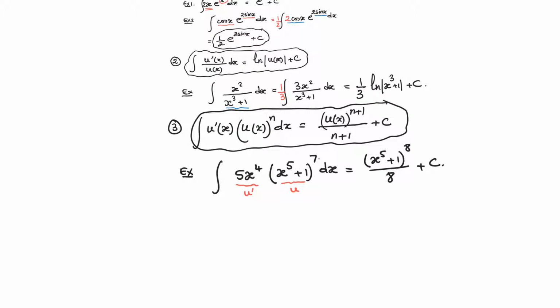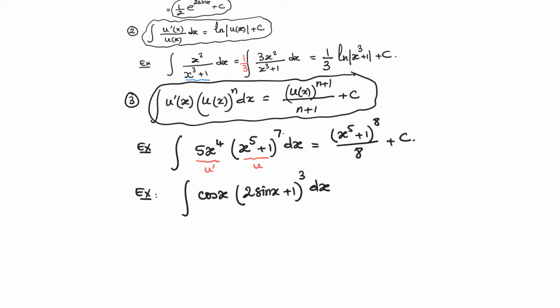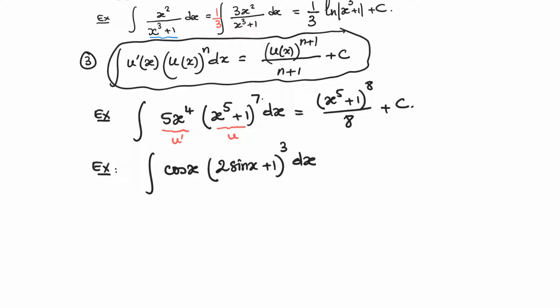Again, perhaps if we don't have the exact derivative, then we may have to do a little bit of work. Let's say, again, I want cosine x here, and I have 2 sine x plus 1 to the power of 3 dx. Then, if you think of this as u, this is almost u dash, but not quite.